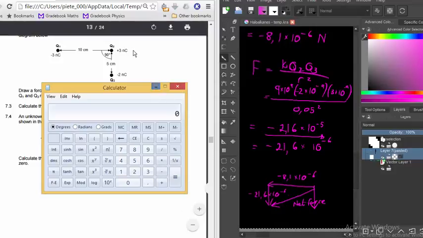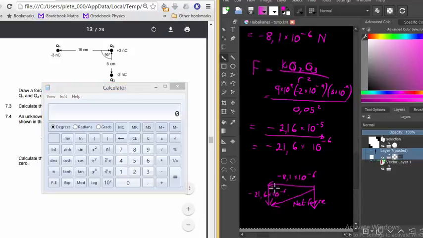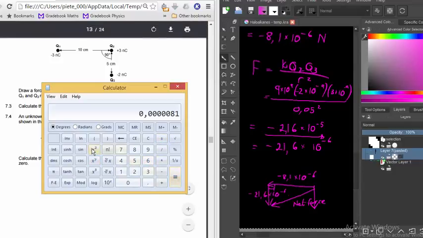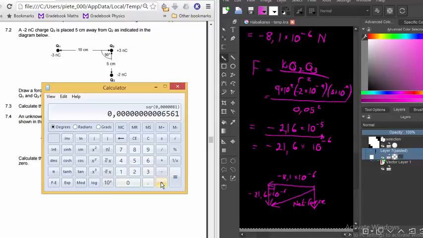So that was 90 degrees there. So this is just the Pythagoras side on here, which is 88.1 times 10 to the power of negative 6 squared plus 21.6 times 10 to the power of negative 6 squared.